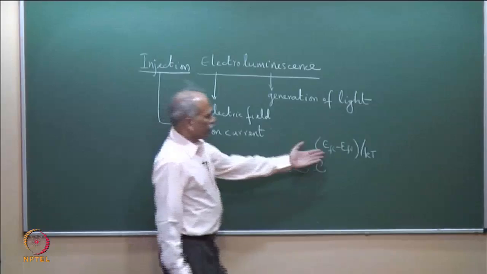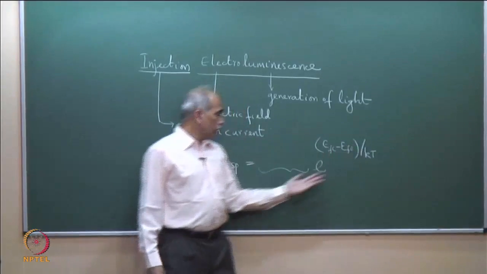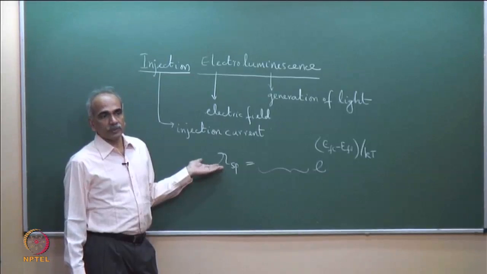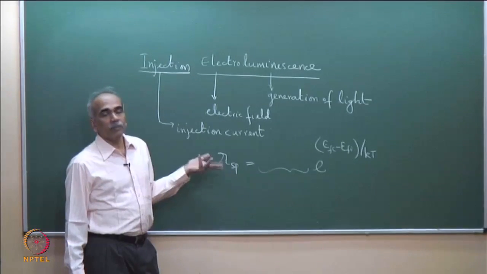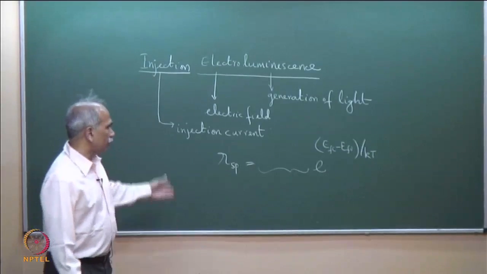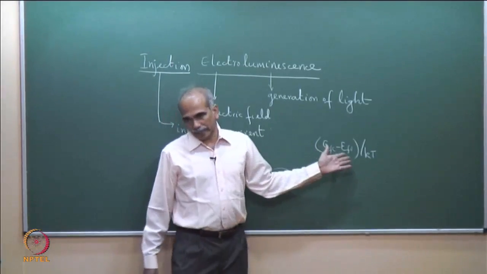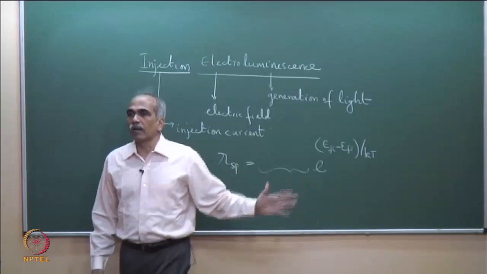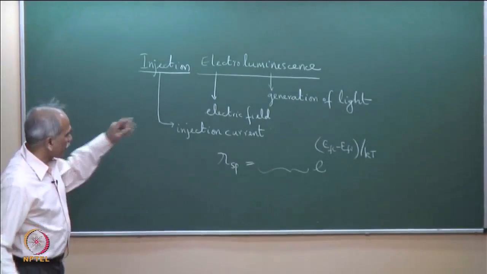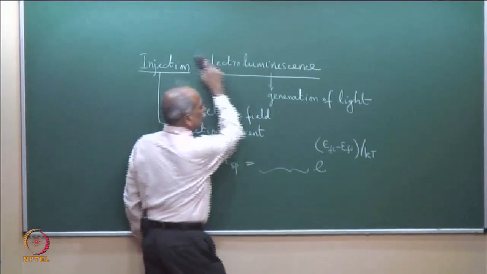So, by choosing an appropriate separation, you can change the rate of spontaneous emission, which is the number of emissions per unit time per unit volume from the material, and it can be increased by orders of magnitude, so that you can have significant emission of light. So, we are interested primarily in injection electroluminescence.